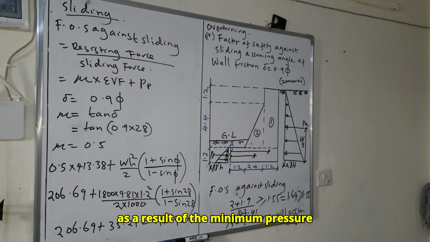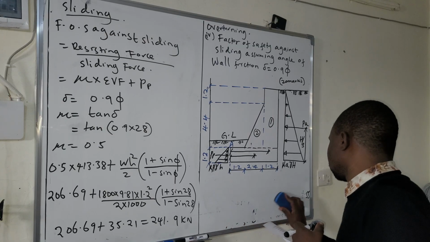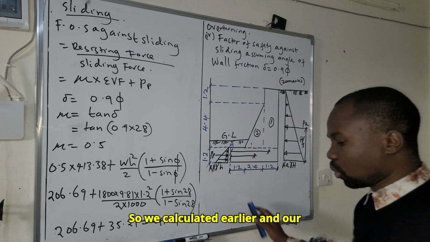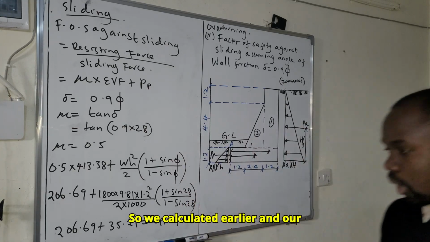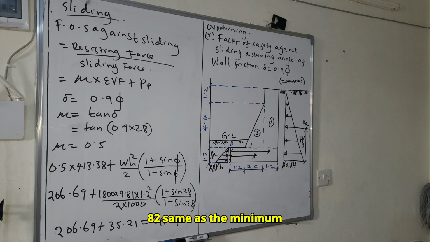So we are done with this question, and we can also draw the bearing pressure on the ground as a result of the minimum pressure and the maximum pressure. So we calculated earlier, and our maximum pressure was 82, same as the minimum pressure.